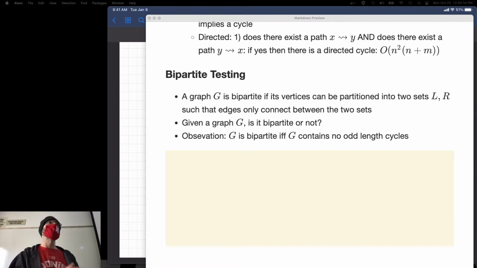And it turns out that that's a really powerful structure that you can exploit for a lot of what are called NP-complete problems. NP-complete problems are extremely difficult in general, but if you look at a category of graphs like trees or bipartite graphs, suddenly they become easy.